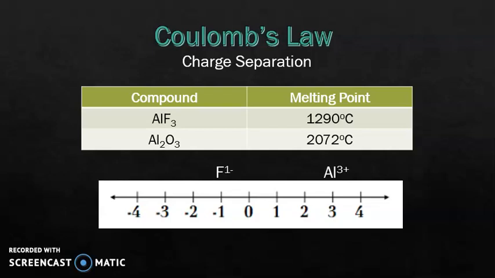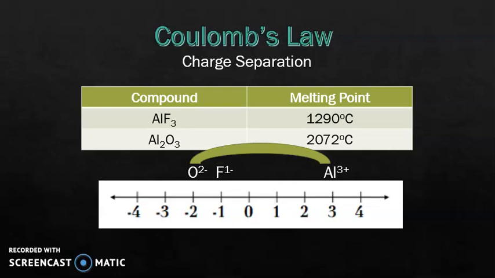So of course, aluminum has a positive 3 charge, and fluorine has a -1 charge. And then if I take a look at aluminum and oxygen, oxygen has a -2 charge. So the simple question you need to ask yourself is, which pair of ions here is the furthest distance apart on this charge number line? Well, you're probably figuring it out.